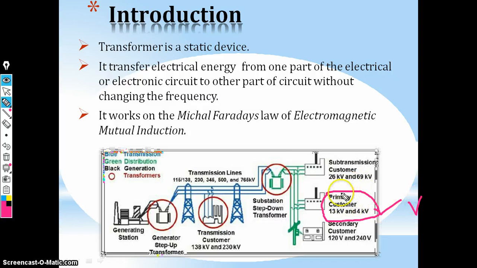This is the voltage required by the primary customer. Then the secondary customer required voltage is 120 volt and 240 volt. Now this is the exact concept of transformer use in a substation.